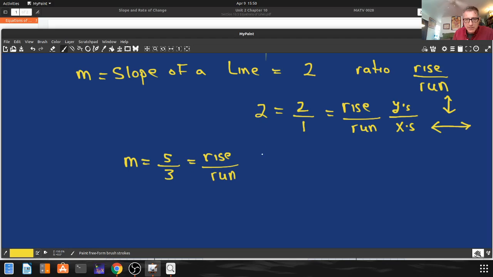Again, conceptually, the rise deals with y changes and the run deals with x changes. Suppose you have a slope of 1/2. Again, the rise is 1 and the run is 2, and that deals with changes in y's and x's. So let's continue on.